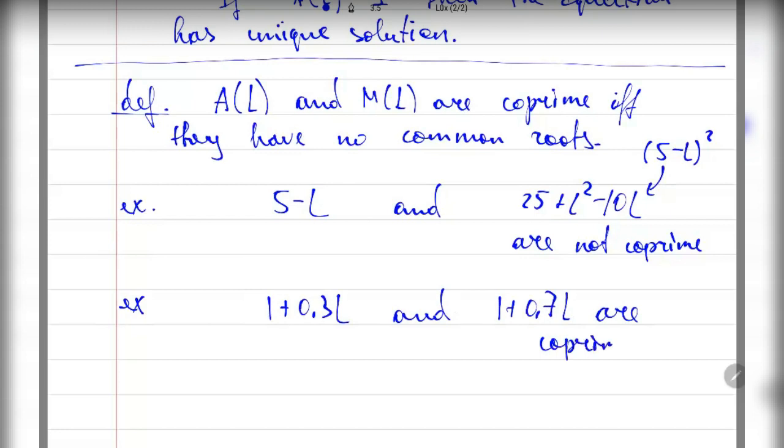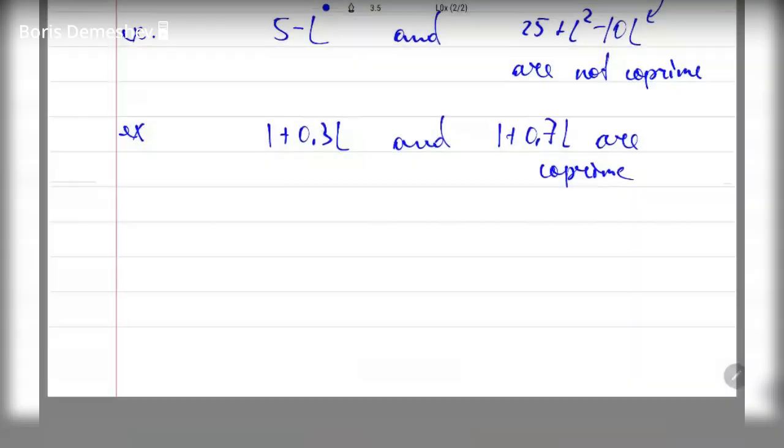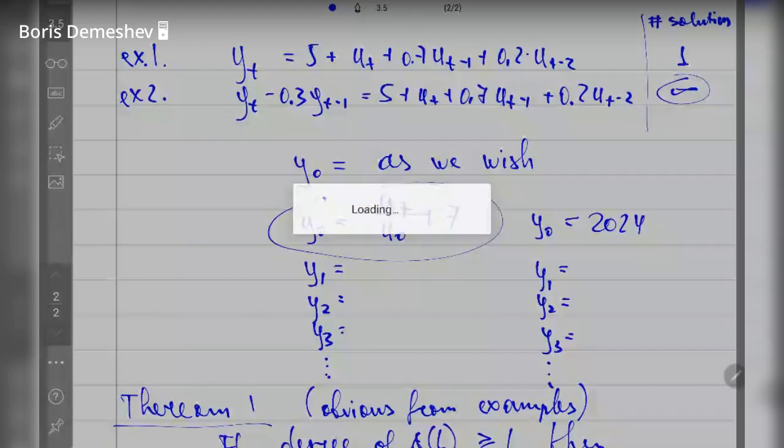They have no common roots. Okay, so if we understand what coprime polynomials are, then we can state the next theorem about the number of stationary solutions.